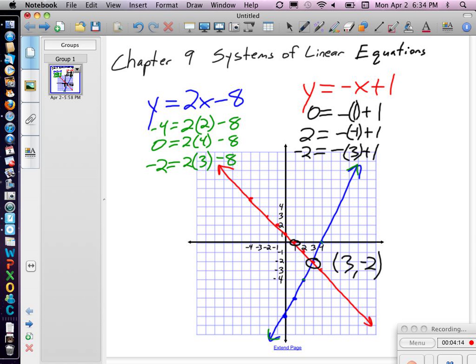So you can see this ordered pair of 3 comma negative 2 is a solution for both equations, for both linear equations. And it just turns out that it is going to be the only solution that works for both equations. So we have now solved our system of equations. Okay.